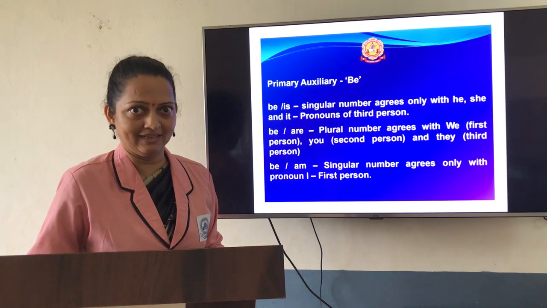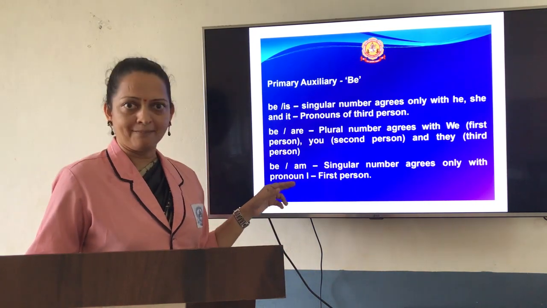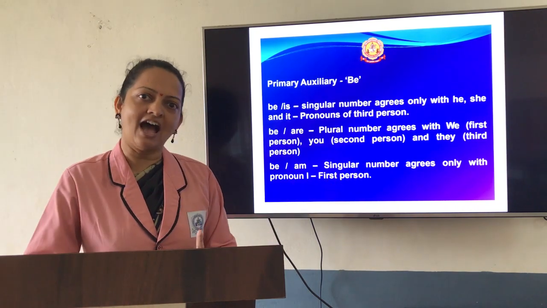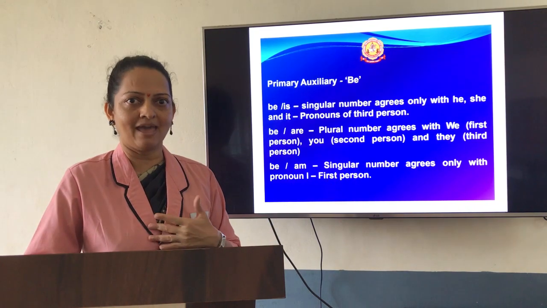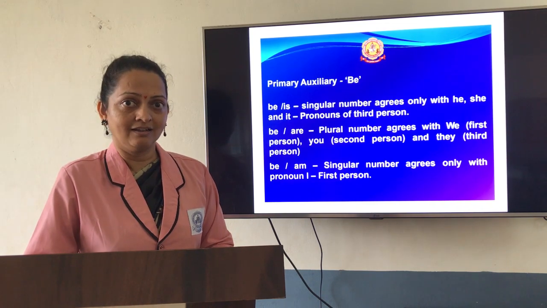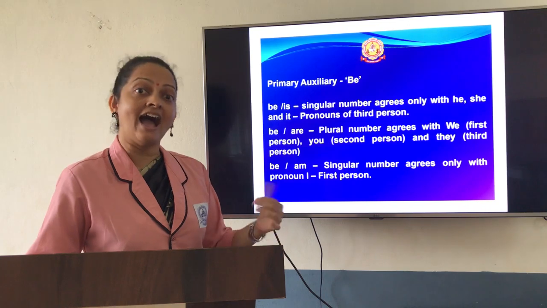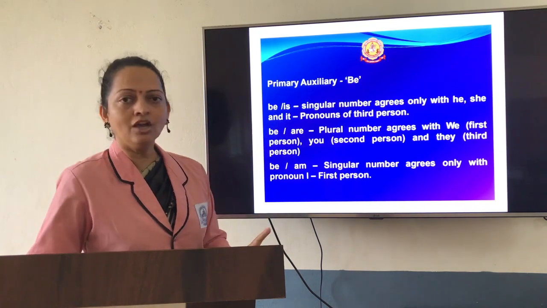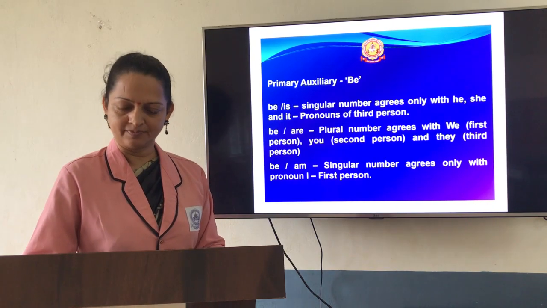They are playing. In the same way, am. Now, am is singular number and agrees only with I. We have done it yesterday. I am fine. I am a boy. I am a girl. We don't say I is, I are. So this was about primary auxiliary be.